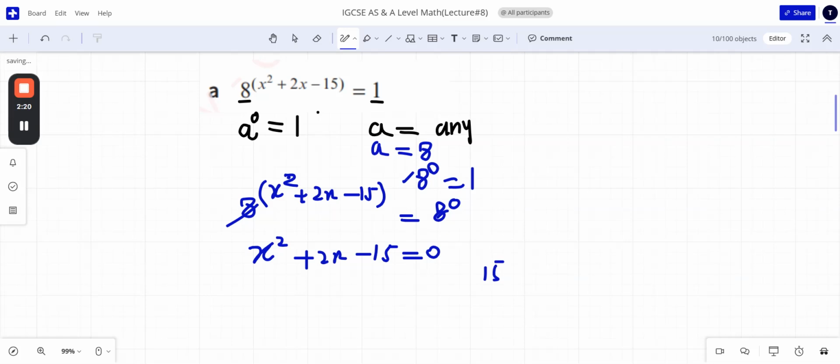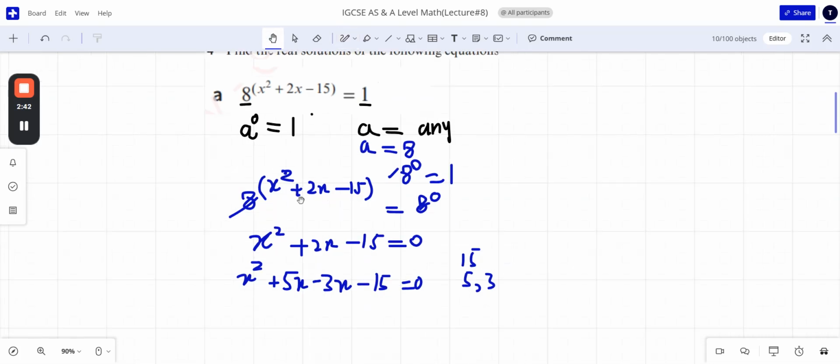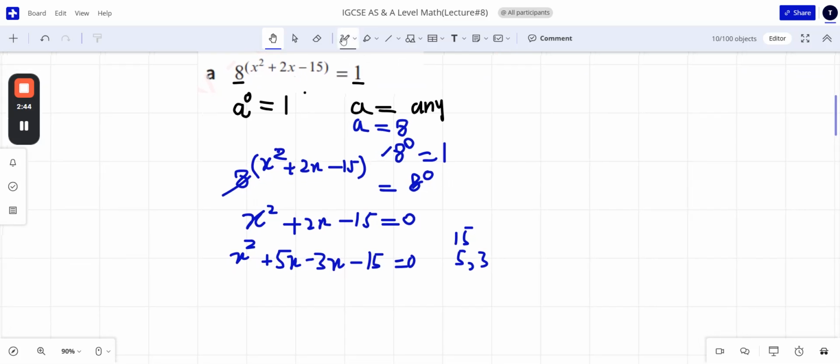So we will use the factors 5 and 3. Bring down the first term x². Then instead of the 2x we will place the factors: 5x − 3x − 15 = 0. Then we will take the common.